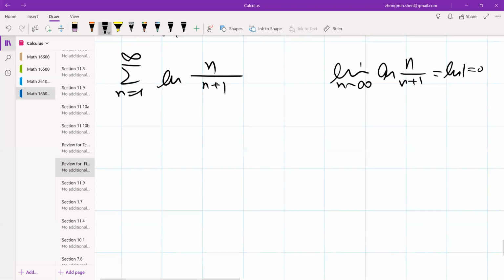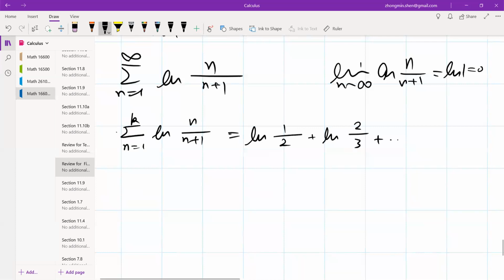You know, this is a special problem. You can write the nth term, right? So that's the sum from n equals 1 to k of natural log of n over n plus 1, right? So natural log has a very nice property. It's going to be natural log of 1 over 2 plus natural log of 2 over 3 plus up to natural log of k over k plus 1, right?